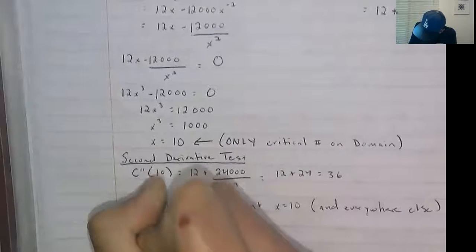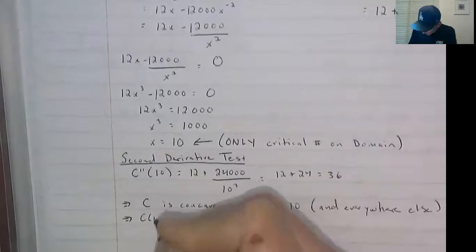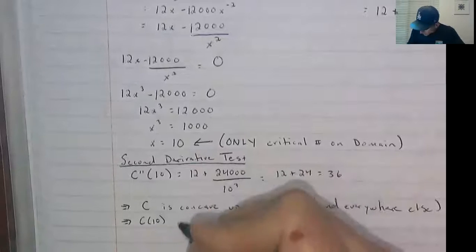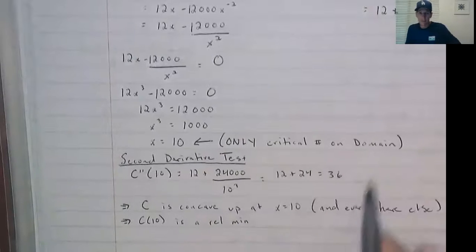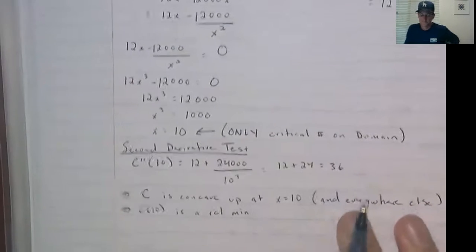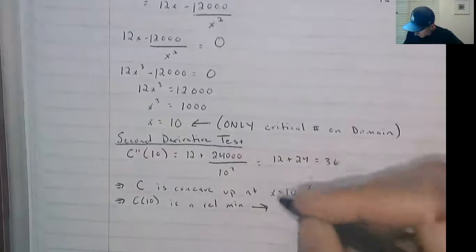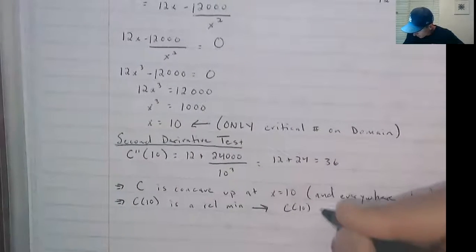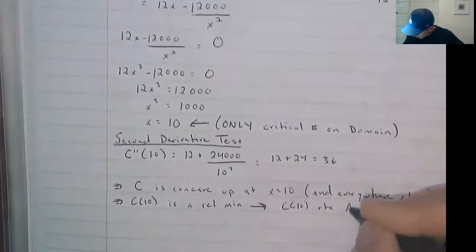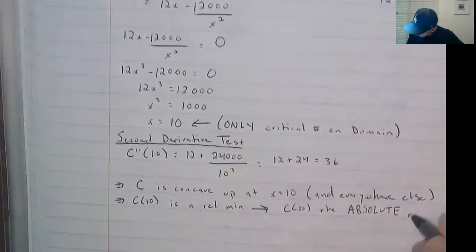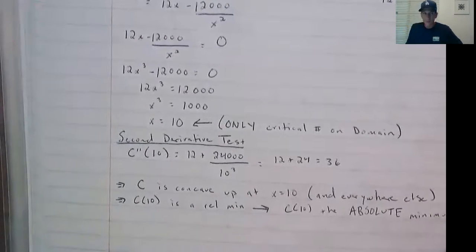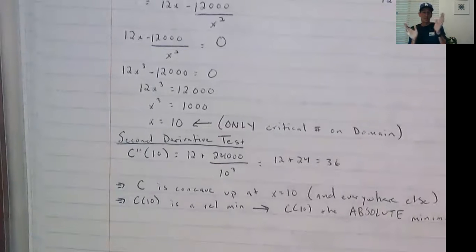So therefore, C of 10 is a relative min, but because it's the only relative extremum, we get to say it's actually the absolute minimum. Okay, because basically what's happening is it's the minimum. Towards 0, it shoots up towards positive infinity, and towards positive infinity, it also shoots up towards positive infinity.